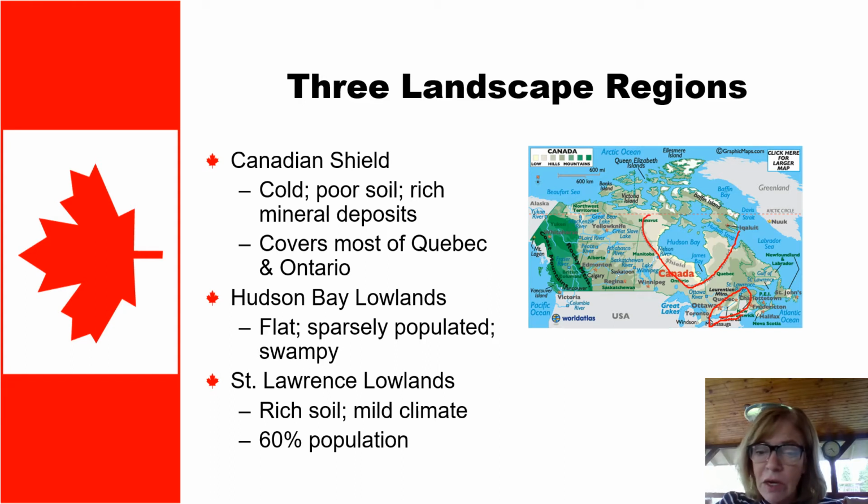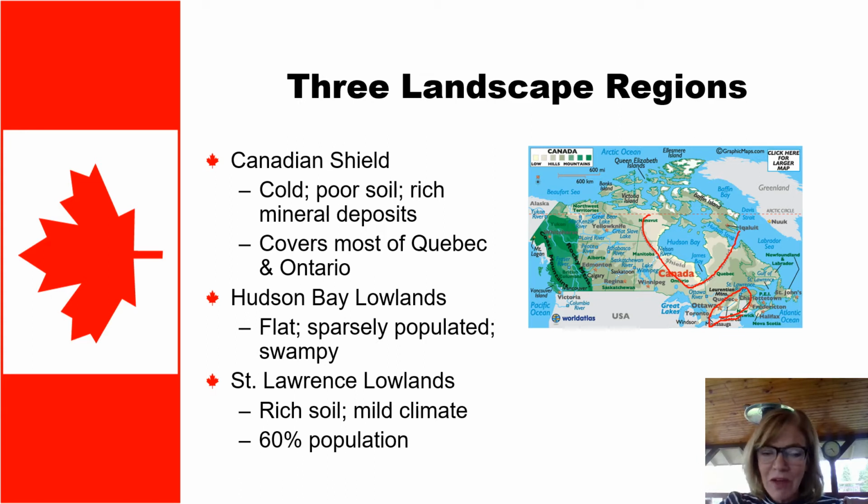It's higher up there, so it's colder, but also the ground is rocky, so it's not very productive. So there's really nothing up there where you can eke out a living. So you've got the Canadian Shield. It's cold, it's poor soil. They do have mineral deposits, as it says right here, but that covers most of the territory.